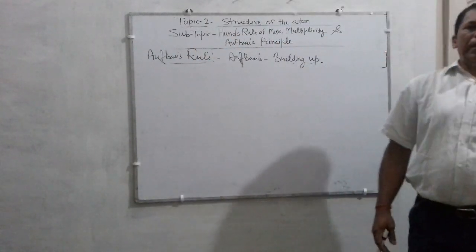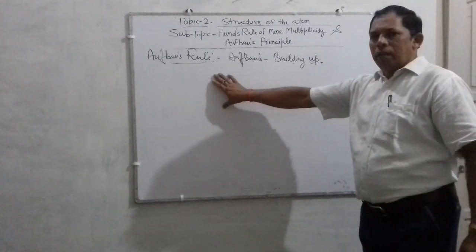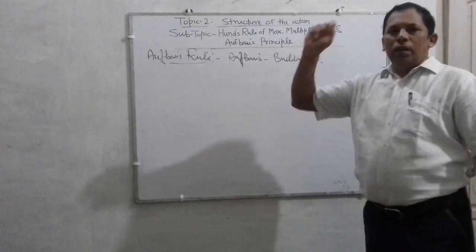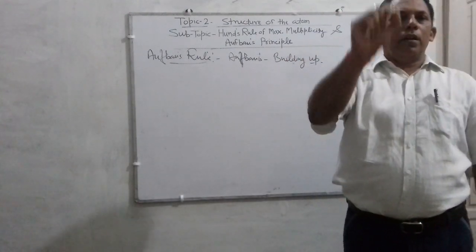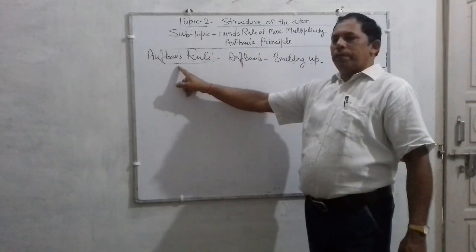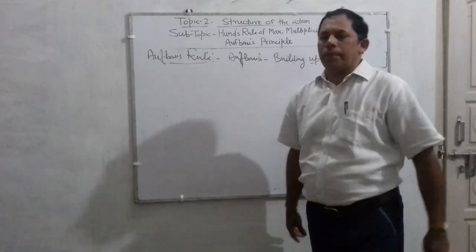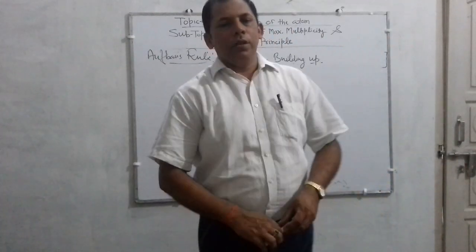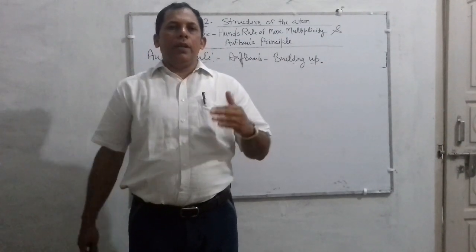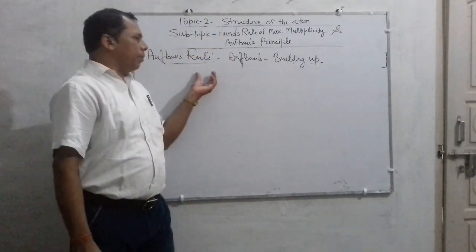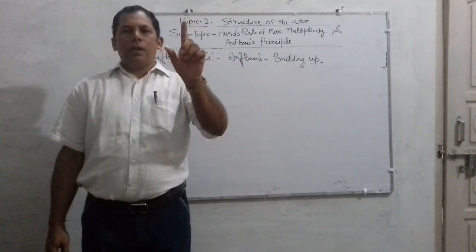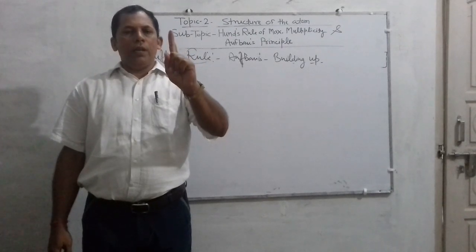Electrons fill progressively in the orbitals in increasing order of their energy level. I am repeating this rule or principle: electrons are filled progressively into the various orbitals in the order of increasing energy level. Now the statement is clear.